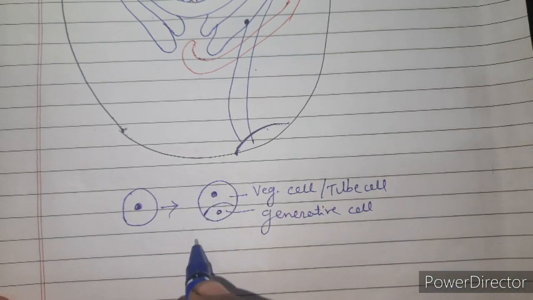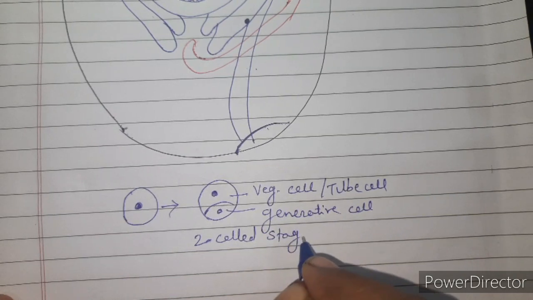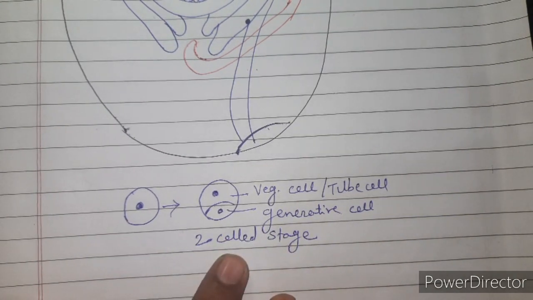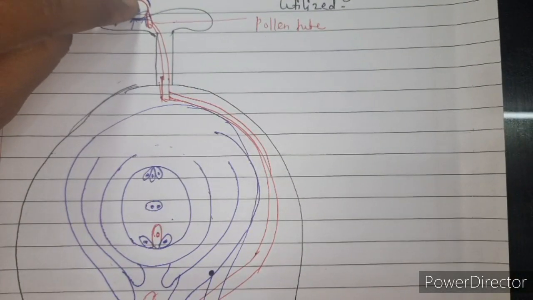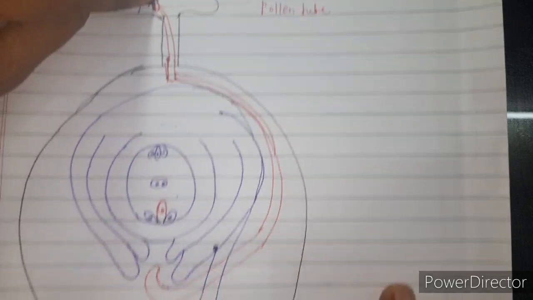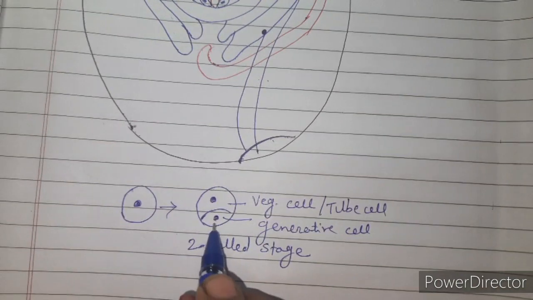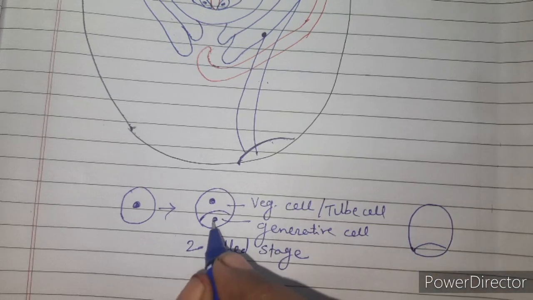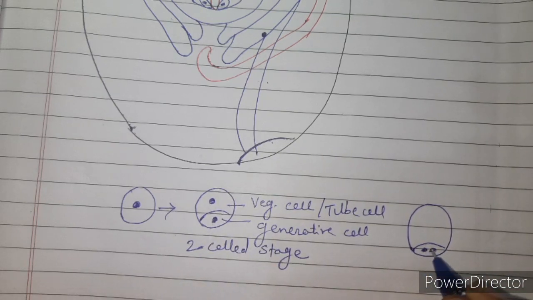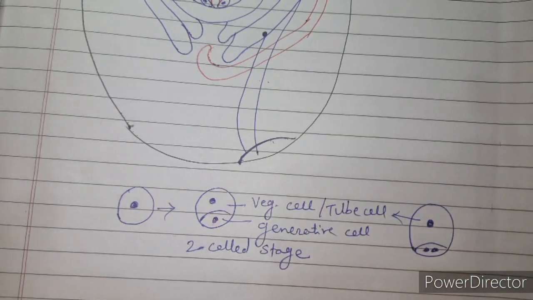This is the two-celled stage of the pollen grain, and at this stage generally the pollen grains are liberated. But sometime after pollination, when the pollen grain starts germination, the generative cell divides into two. First the nucleus of the generative cell divides into two like this, and this is the tube cell nucleus, and this is the tube cell.